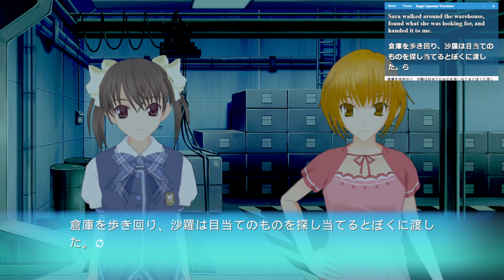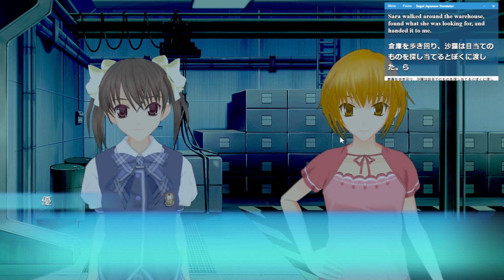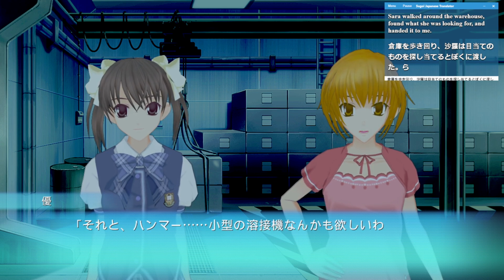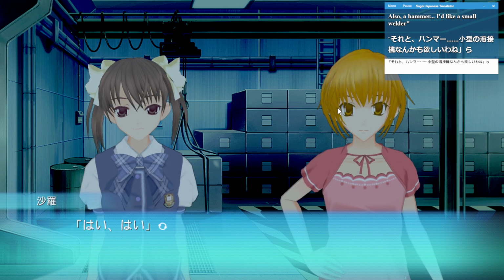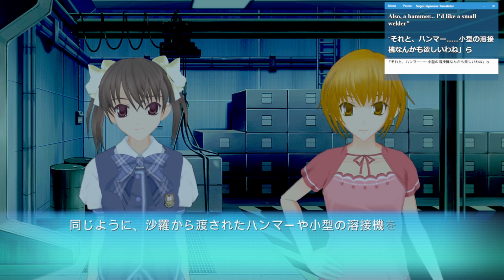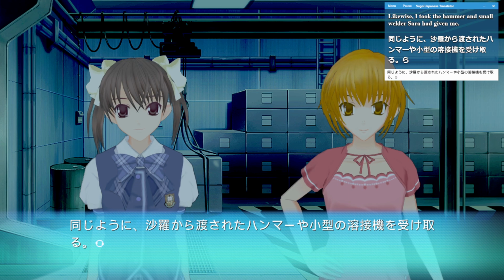Sarah walked around the warehouse, found what she was looking for, and handed it to me. Also a hammer. And a small welder. Yes and yes.